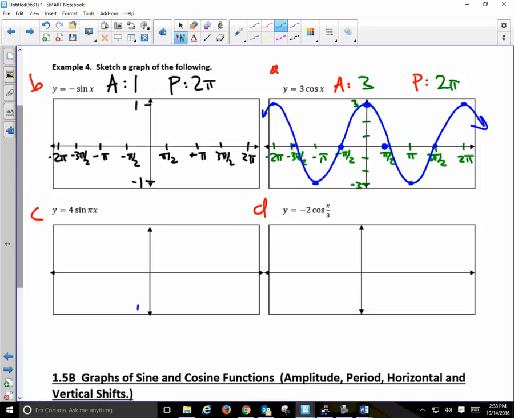Am I graphing sine or cosine? Sine. So do I start at the maximum, the minimum, or the middle? I will start at the middle.